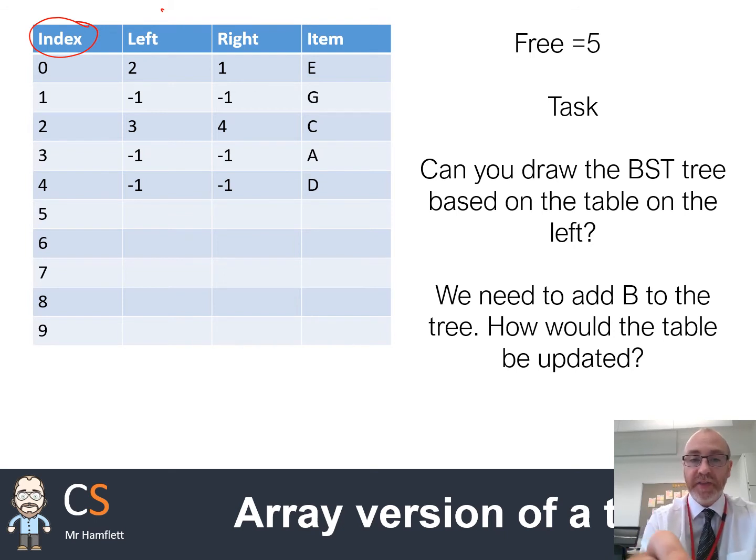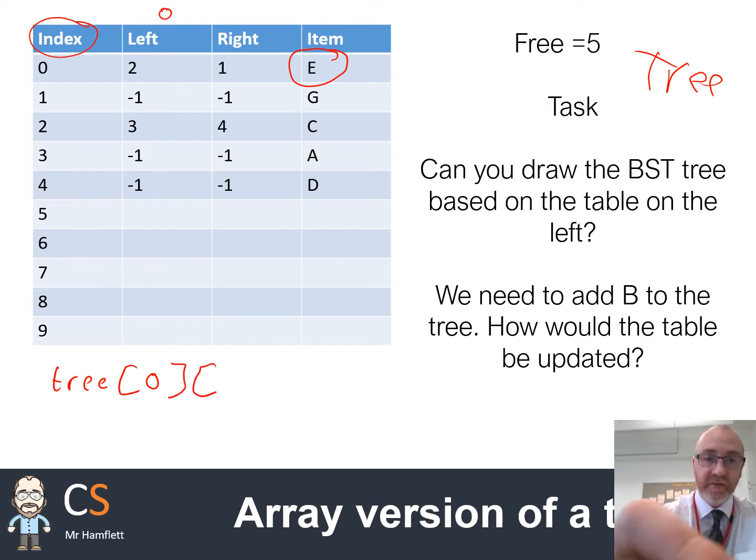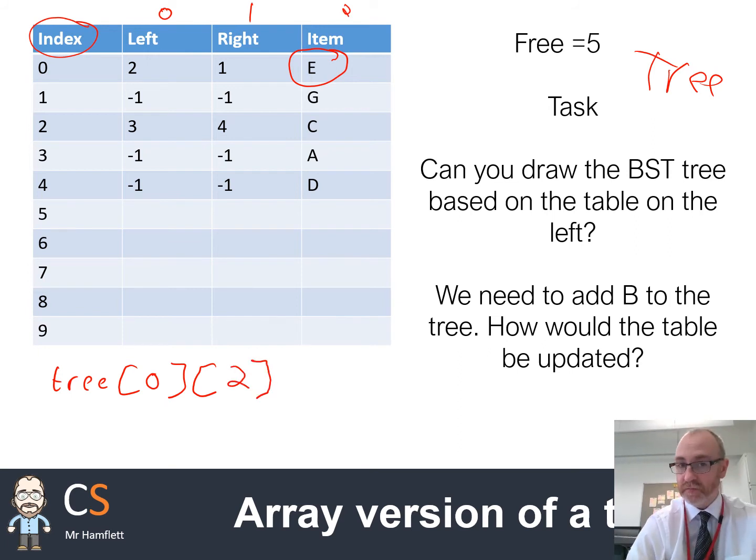If we look at the item here, imagine this is called tree as an array. This item here is going to be tree at index 0, and we're looking at column 0, 1, and 2. So it's going to be E. So we get the value out for the first item, the root of the tree, and it is going to be that.